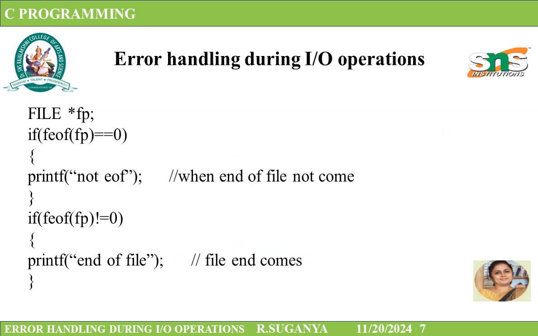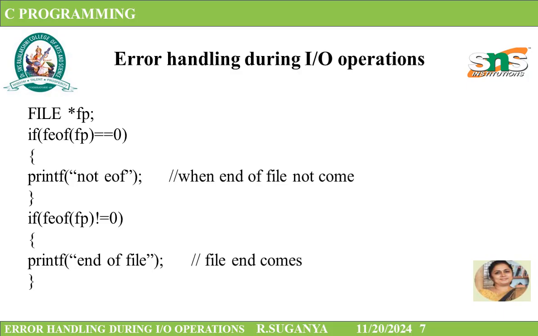Error handling during input-output operations. FILE star fp is a file pointer. If feof of fp is not equal to 0, it is the end of the file. If it is equal to 0, then it is not the end of the file. So here FILE is a keyword, and star fp is a file pointer.